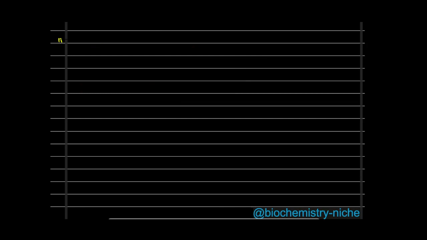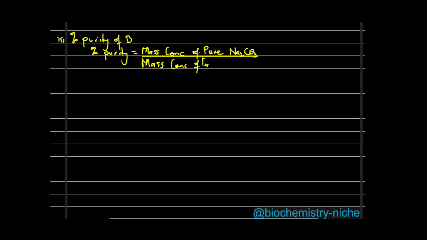That's number 3 now, percentage purity of B. From the formula we are going to use, percentage purity equals the mass concentration of pure sodium trioxocarbonate divided by the mass concentration of impure sodium trioxocarbonate multiplied by 100/1.